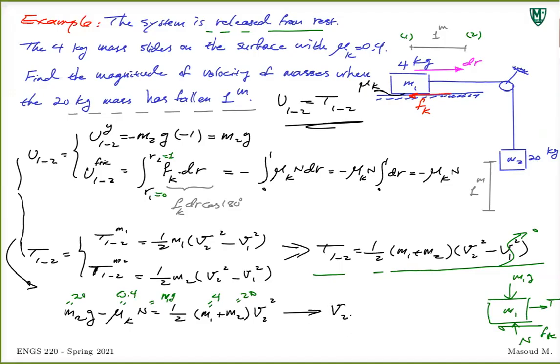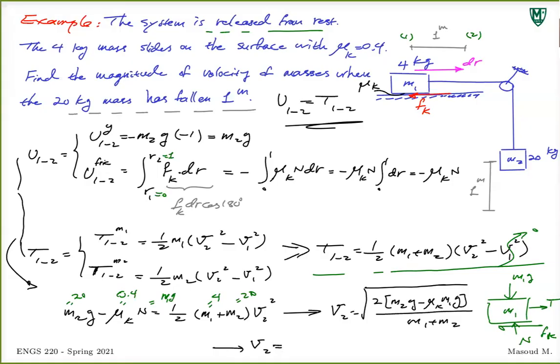So v2, you can actually find it, right? Just write it in terms of, it becomes 2 times (m2g minus mu k m1g) divided by, this goes to that side, (m1 plus m2).